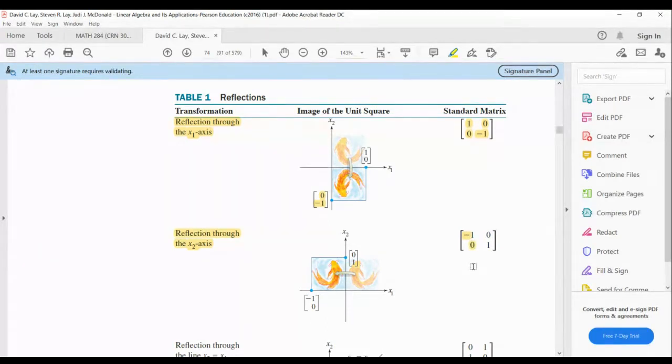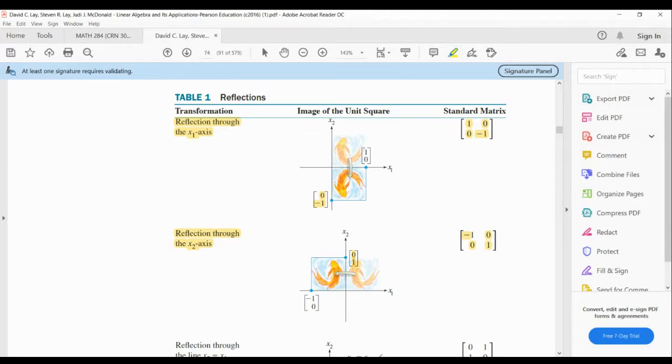Similarly, 0, 1 just stays; it gets mapped to itself. And that's how you form the standard matrix for the reflection about the x2 axis.